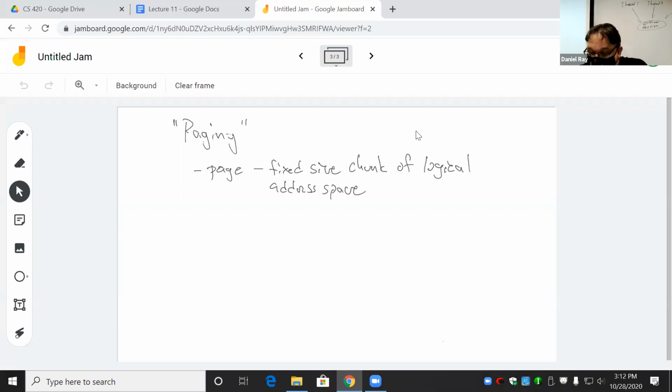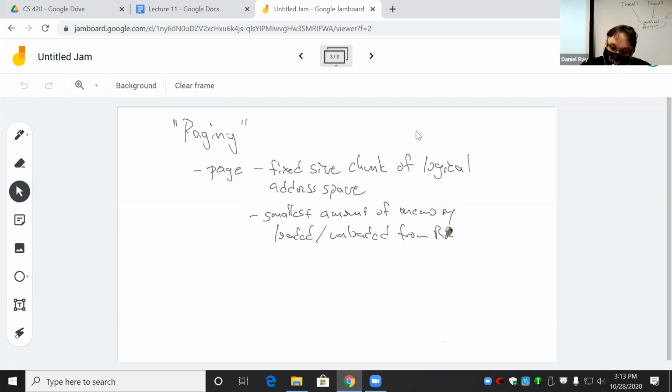So what we're effectively doing is dividing up all of our many logical address spaces into chunks called pages, of a fixed size. And then we're going to move around those fixed size chunks. So this is the smallest amount of memory to be loaded or unloaded from RAM.